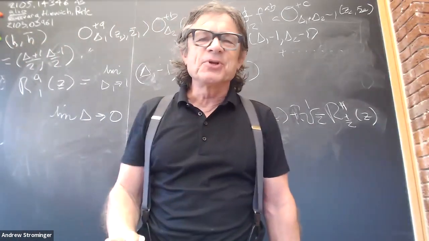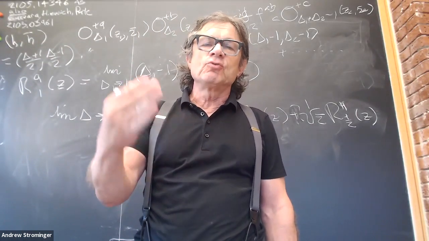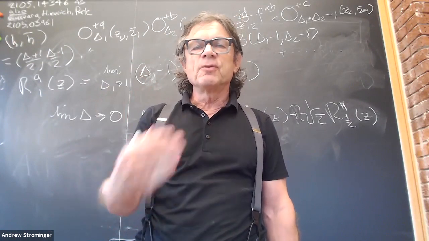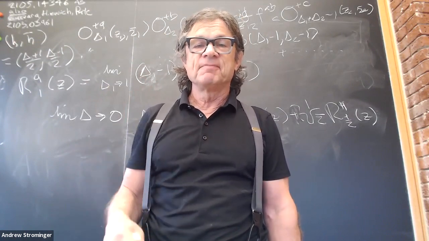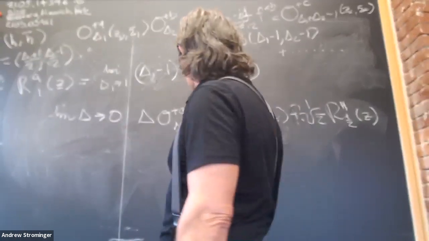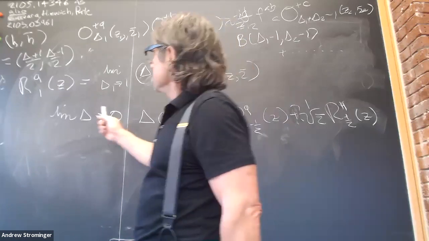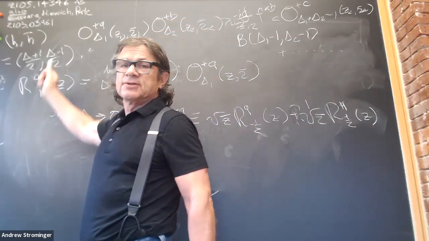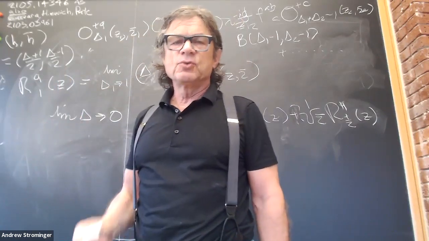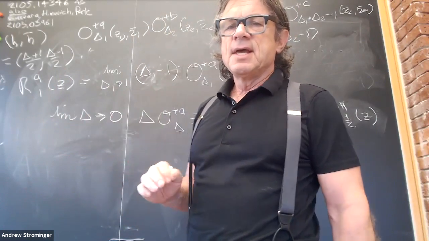We're not too familiar with that kind of thing, but there are finite dimensional representations with conformal weight minus a half. So we don't have a whole arbitrary Z bar dependence. We just have a doublet under the SL2 left.